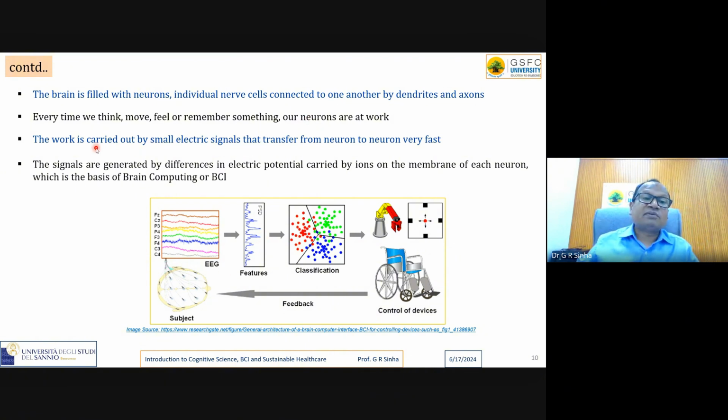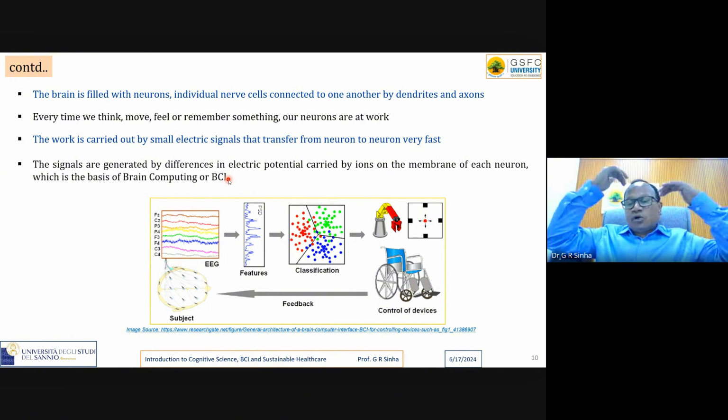The work of neurons is carried out by very small electrical signals, as in the case of EEG, and that is transferred from neuron to neuron very fast. How are the signals generated?